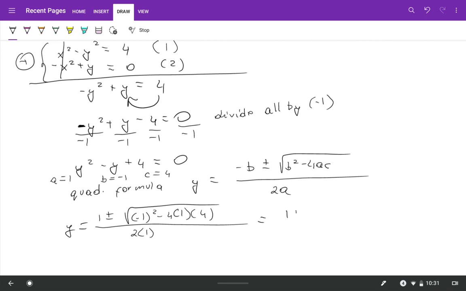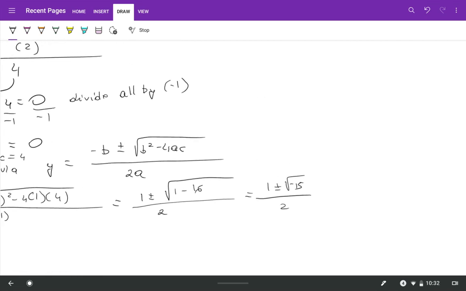So we have 1 plus or minus, from under the square root we end up with 1 minus 16, and everything divided by 2, and that will give us 1 plus or minus the square root of negative 15, divided by 2. So look what happened. The discriminant, which is the expression under the square root, is negative.